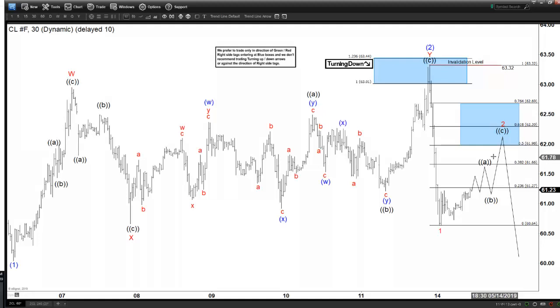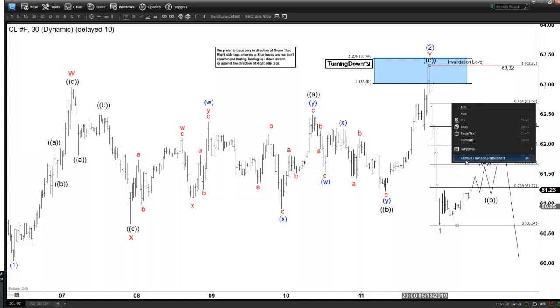Of course, it can drop earlier than that. It doesn't necessarily have to go all the way to 62, but as long as it stays below 63.3, it can extend lower, especially considering this looks impulsive right here.